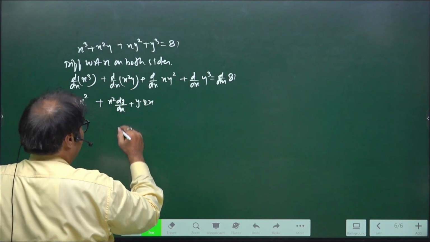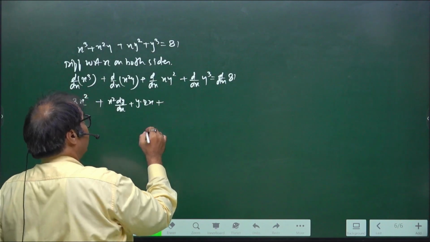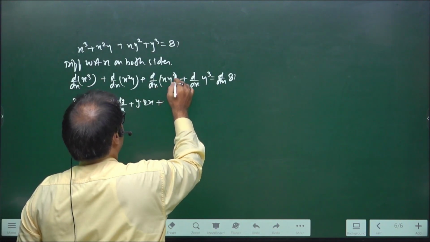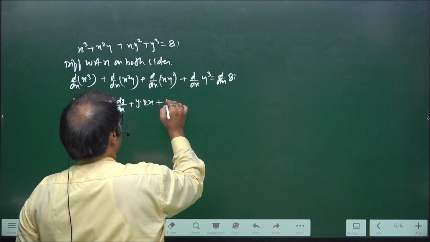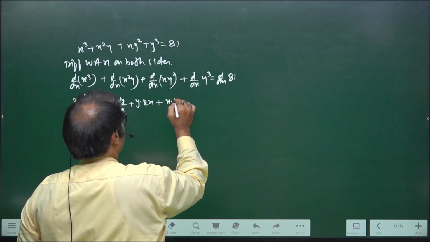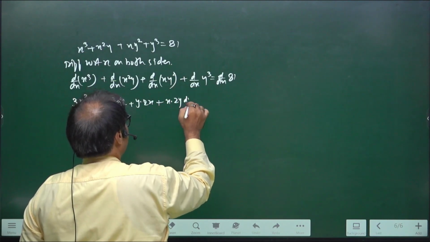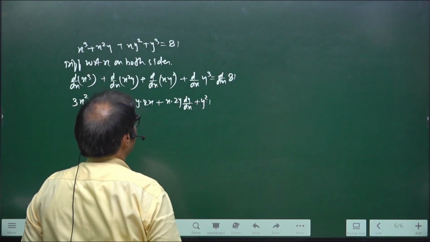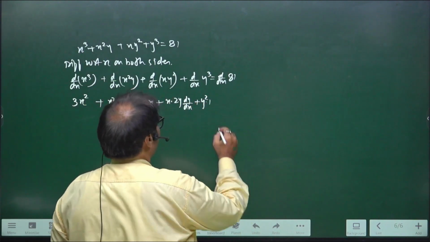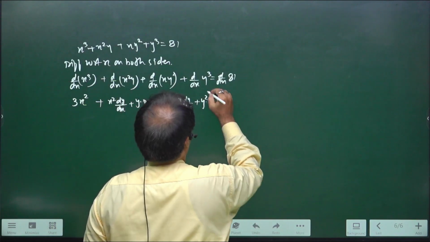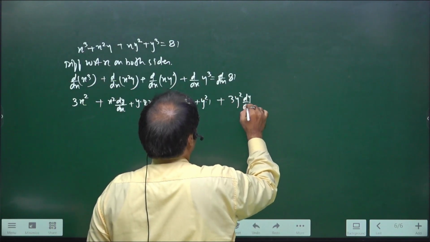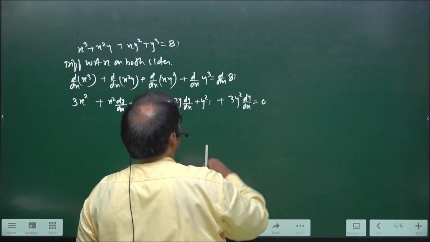Plus again apply the product rule here, xy square. So x into y square means 2y and dy by dx, plus y square into derivative of x is 1, and plus d by dx of y cube means 3y square and dy by dx is equals to 0.